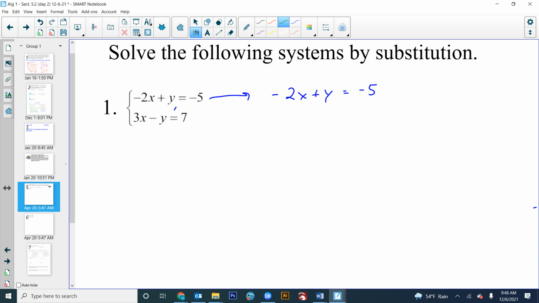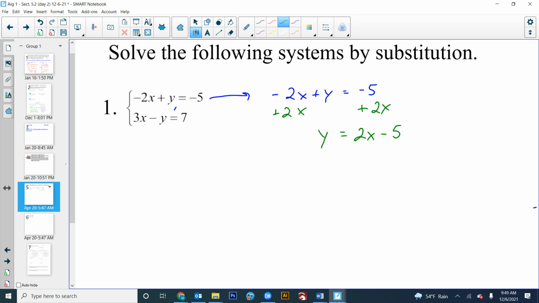What would cancel out a negative 2x and make it 0? Adding. What should I add to both sides? 2x. Add 2x to both sides. We all agree we get y equals 2x minus 5. Yes?